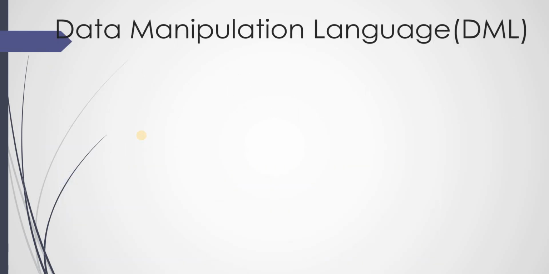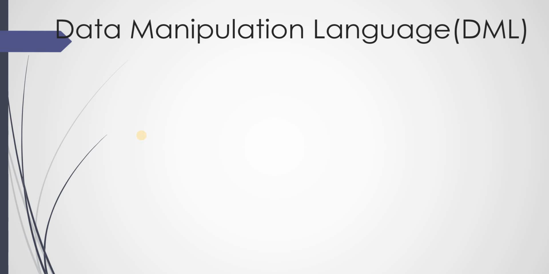The next category is data manipulation language, DML. In the DML category, we are not creating a structure, but we are manipulating the data. By manipulation, we mean we can insert the records, we can delete the records, we can update the records.